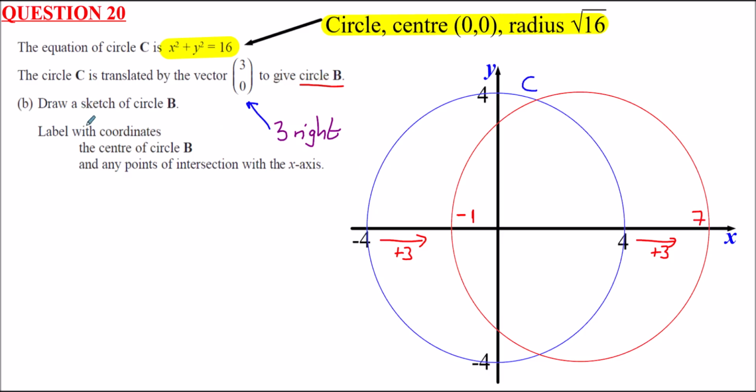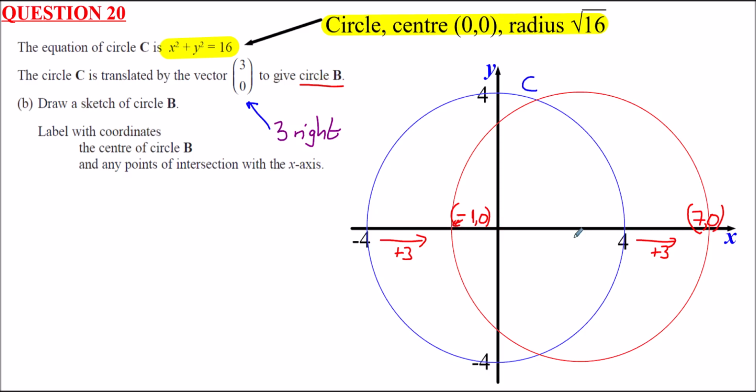So label with coordinates the centre of the circle B and any points of intersection of the x-axis. So this here is (minus 1, 0) if you like. This one here is (7, 0). And the centre of the circle used to be (0, 0).